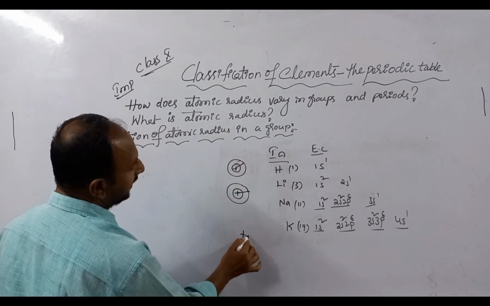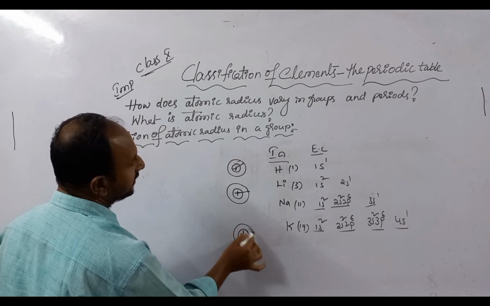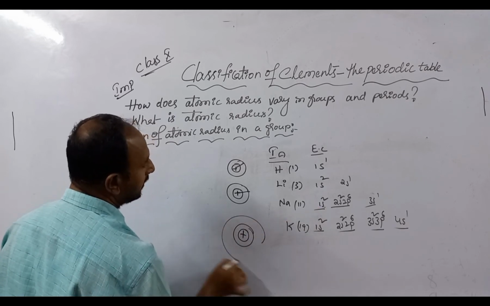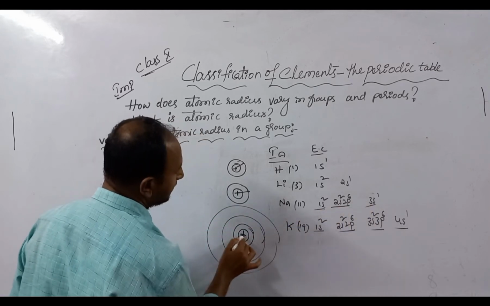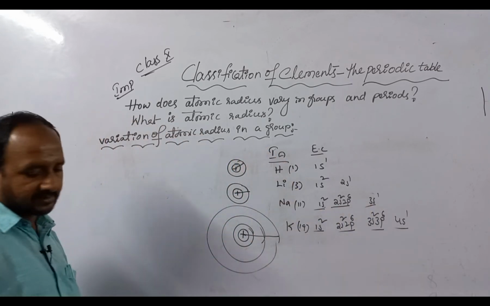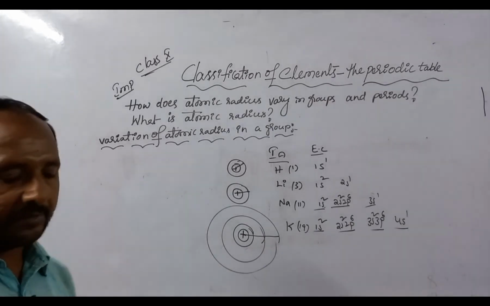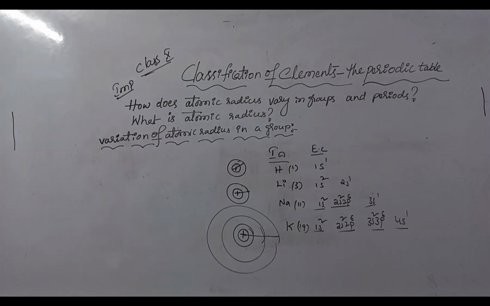Now we are taking sodium. It has the first shell, the second, and the third. So this is the distance, or atomic radius. From this we can understand that in a group from top to bottom, atomic radius increases.